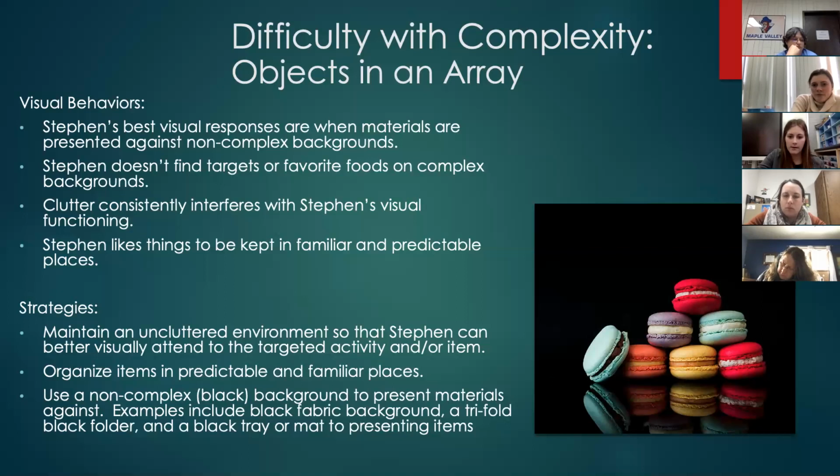It's kind of a scientific article, and it's not just fun reading, but it does a really good job of talking about what clutter in our classroom environments does to a child with CVI, and then strategies for how to eliminate or minimize that clutter.